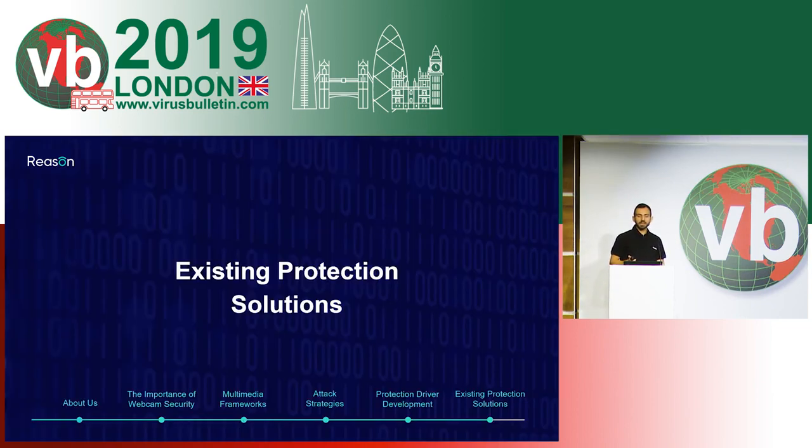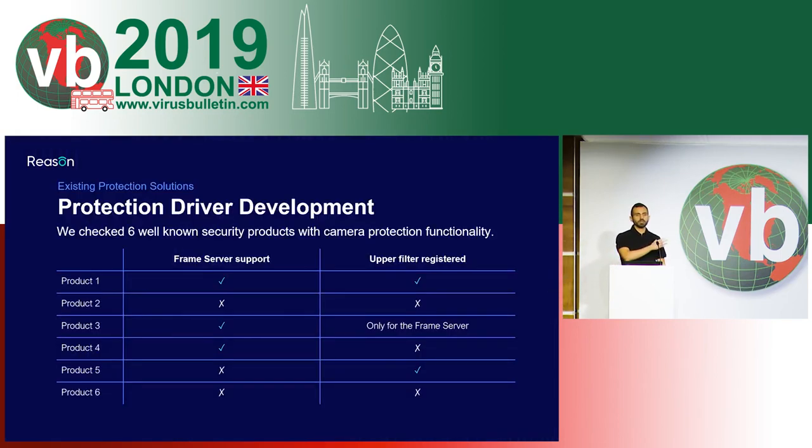Great. And now we will review existing protection solutions on the market, how they do it, how it compares to what we've just seen, and maybe how we can bypass them, right? We reviewed 6 well-known security products on the market, which provide similar functionality to protect the webcam.